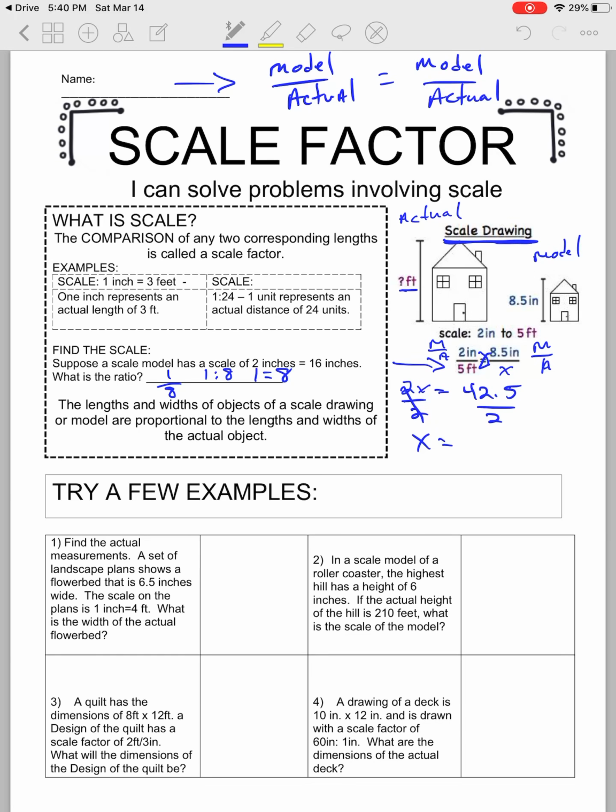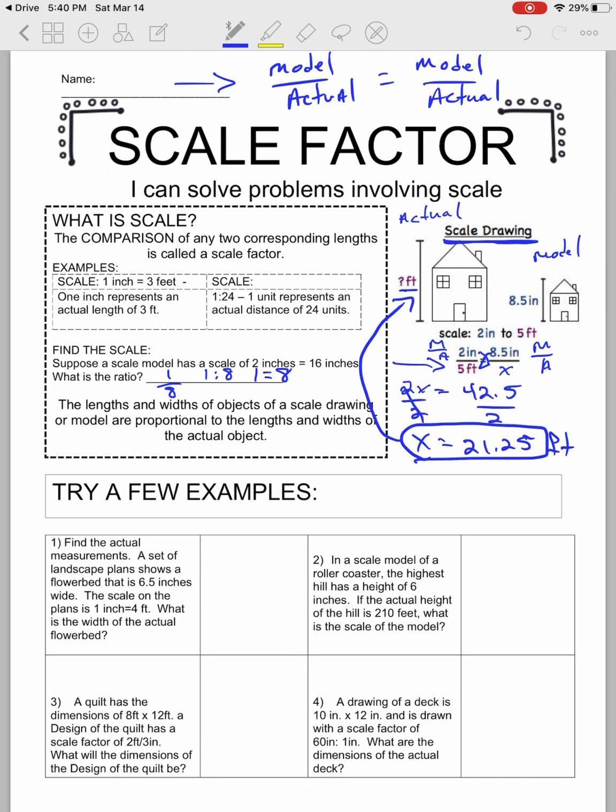And x is equal to 42.5 divided by 2, and that is 21.25. So your house in real life is 21.25 feet tall.